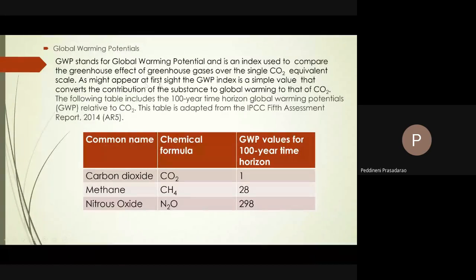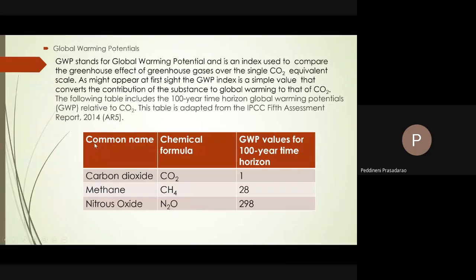As might appear at first sight, the GWP index is a simple value that converts the contribution of a substance to global warming to that of carbon dioxide. The following table includes 100-year time horizon global warming potentials relative to CO2.